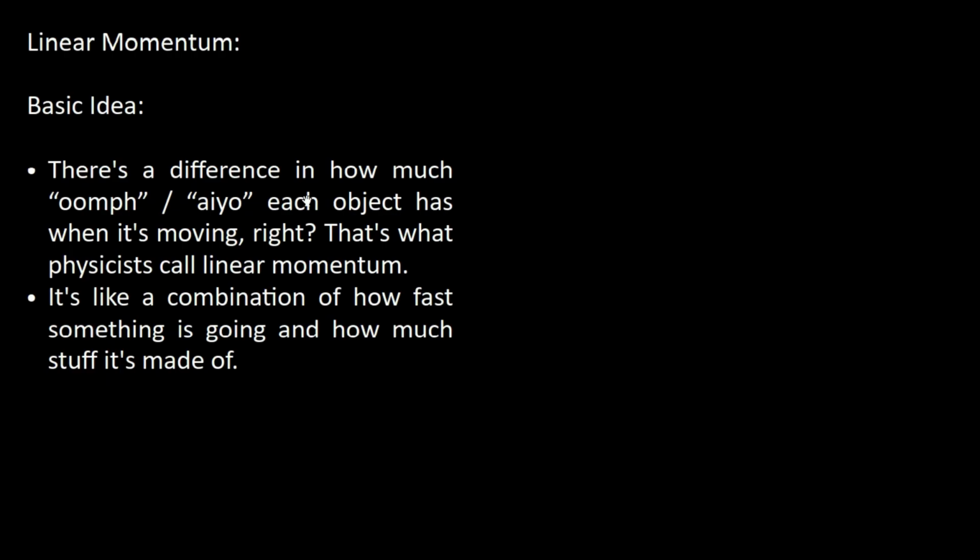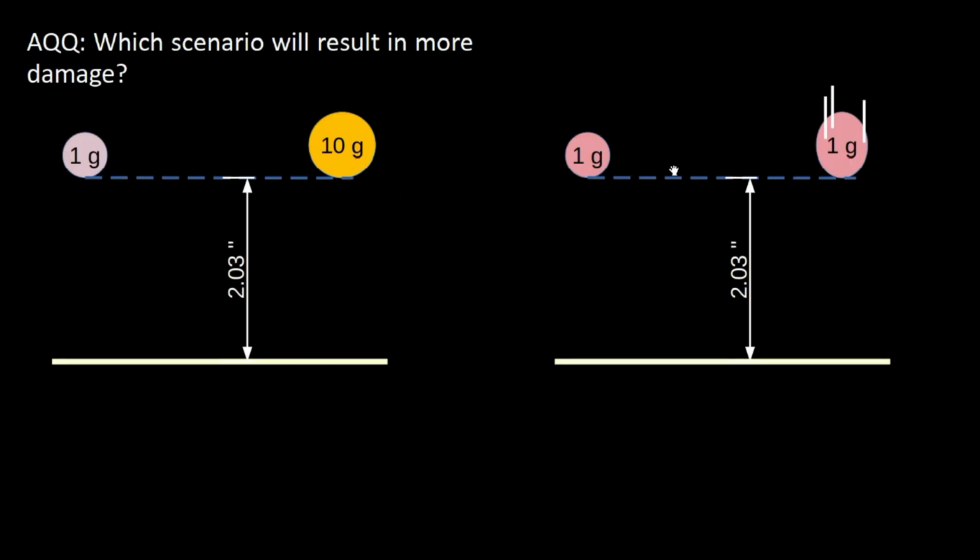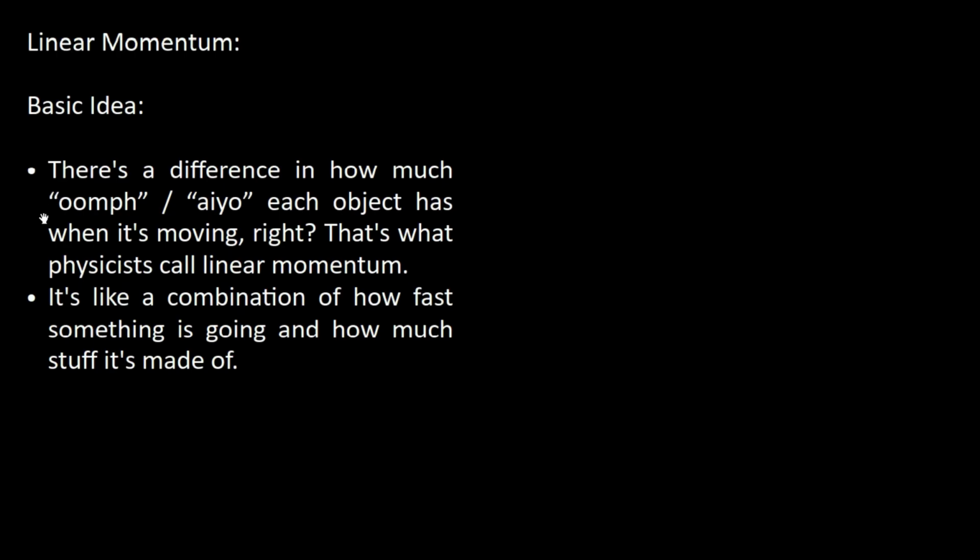So whenever you have different objects moving, the amount of force with which they hit you, creating an oops or IO scenario, is dependent on how the object is moving. Physicists call this linear momentum. This aspect of oops and IO is your linear momentum.